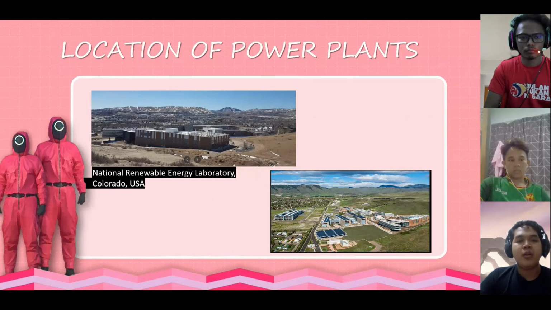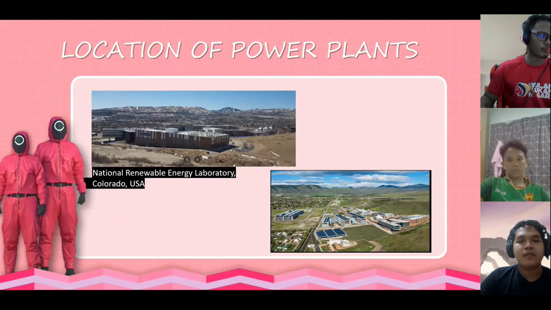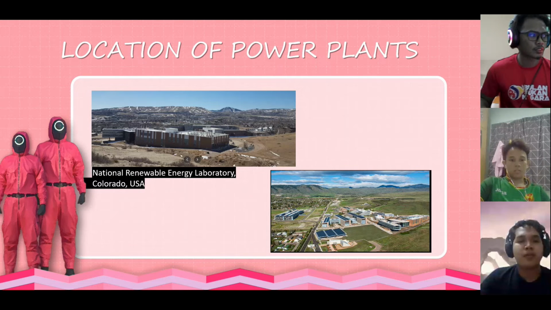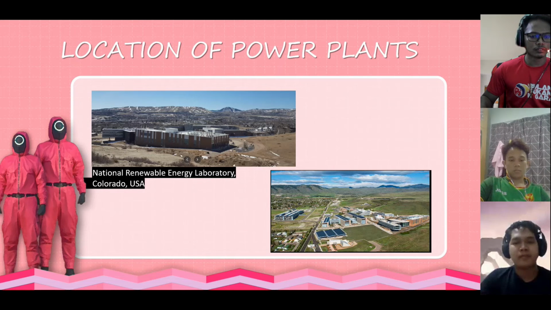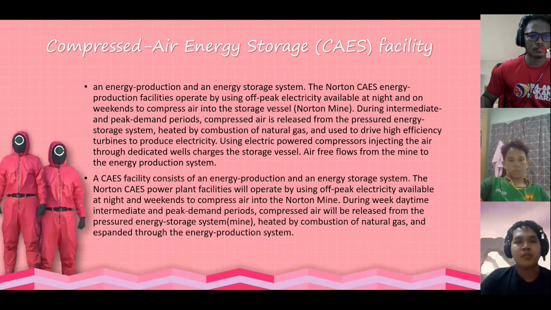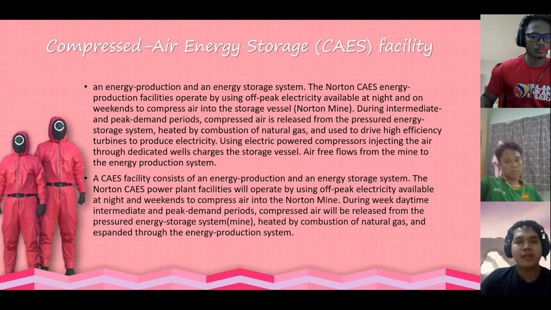So one of the locations of a power plant for compressed air energy storage is at the National Renewable Energy Laboratory in Colorado, USA. The facility is an energy production and energy storage system.